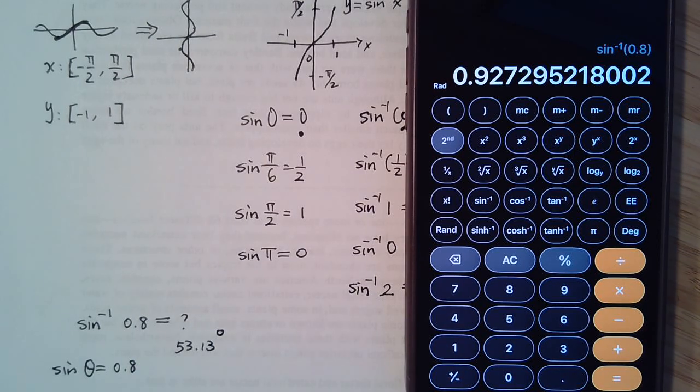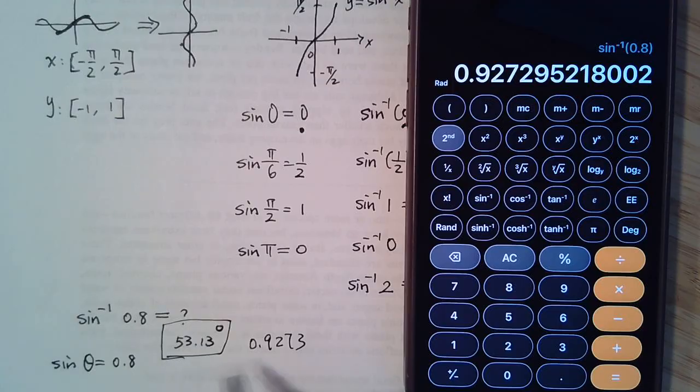So your answer is 0.9273. Either this answer or this answer, either one is correct. But please make sure that if you're using degrees, put a degree sign there. If you don't, then do not use degrees. I know you're giving me this angle, the measurement is in radians.